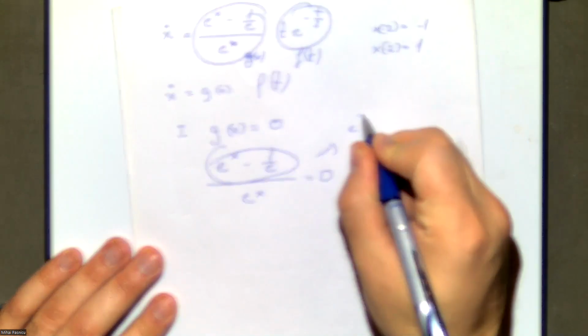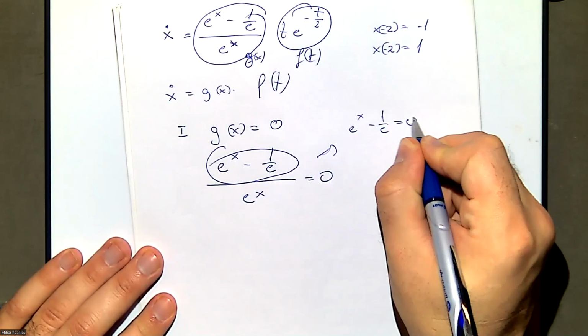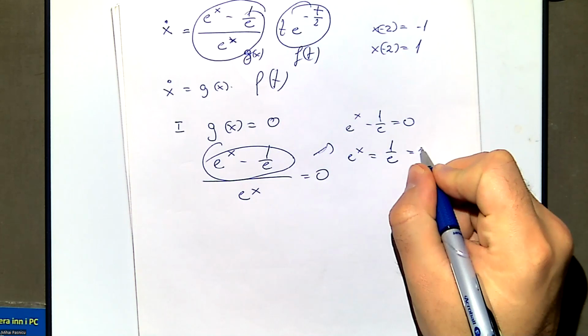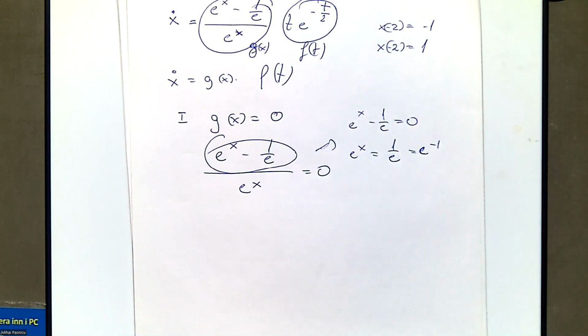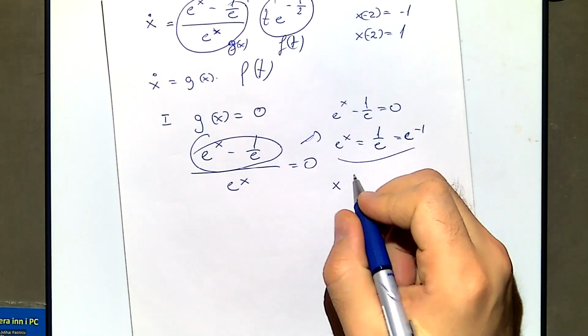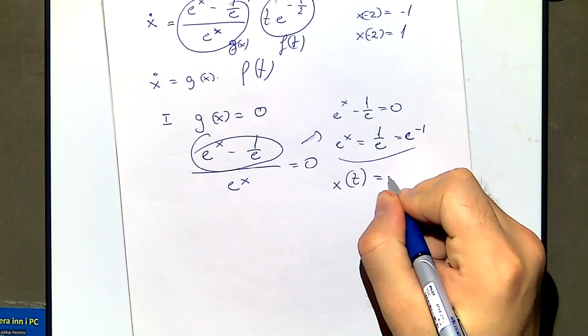So e to the x minus 1 over e is equal to 0, so e to the x is equal to 1 over e, which is e to the minus 1. So I got x of t is equal to minus 1.